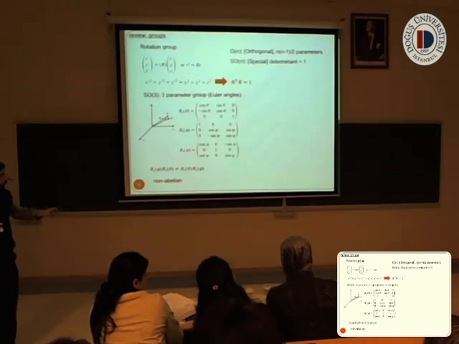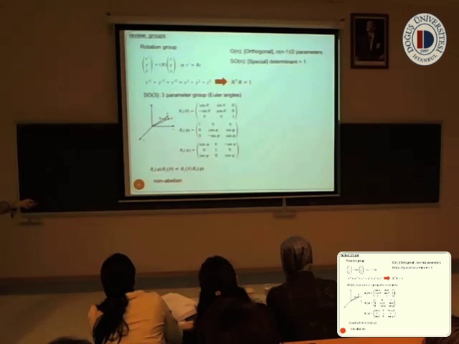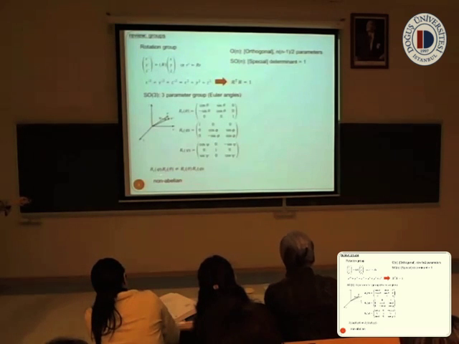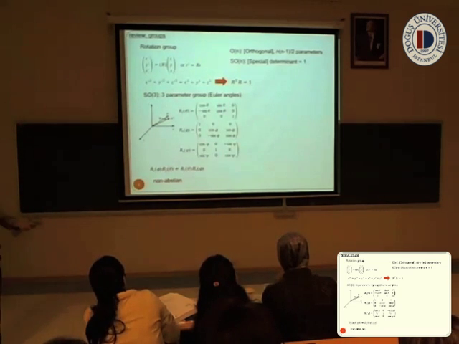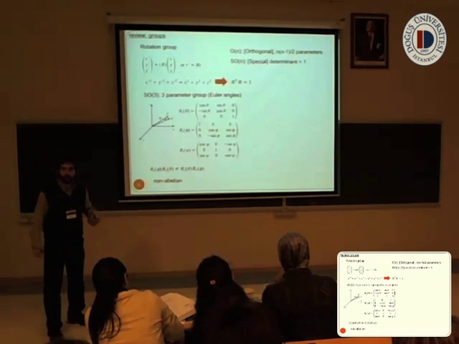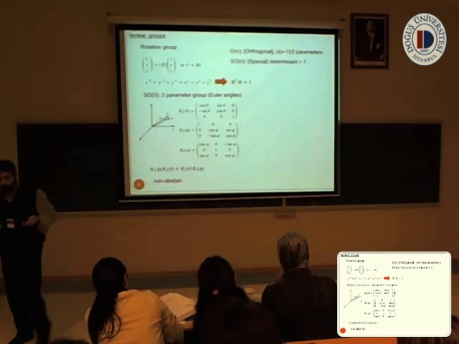Oh, by the way, this is an example of a non-abelian group because the elements of the group do not commute. If you first make a rotation about the z-axis, then the x-axis, it will be different from making a rotation around the x-axis first and the z-axis later. And we'll see other examples of non-abelian groups in a moment.